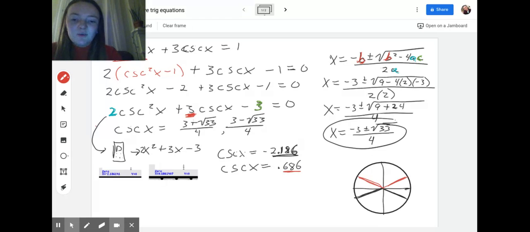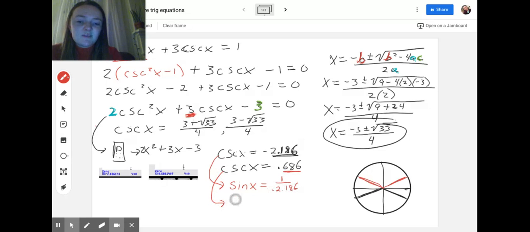To evaluate this, I'm going to write it in terms of its reciprocal. So this is the same thing as me saying, hey, what's the sine? Sine of x is equal to 1 over negative 2.186. And this is the same thing as sine of x equals 1 over 0.686. In fact, we're going to be pretty happy about what happens in the next couple steps here.